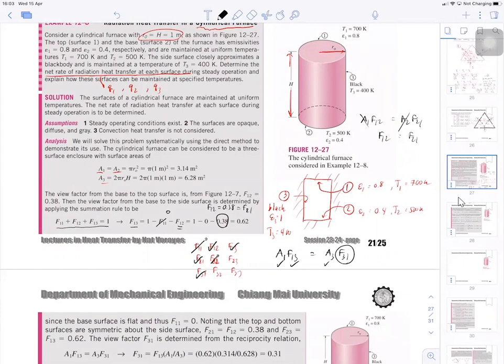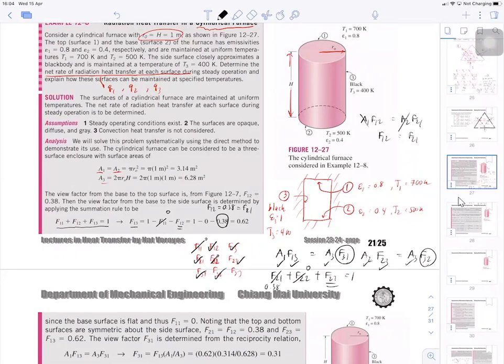Okay, 3 more on the list. Because F21 plus F22 plus F23 equals 1, and you know F22 equals 0 and F21 is equal to F12, you can find F23. Once you find F23, you know that A2 F23 is equal to A3 F32, so you can find F32. Check.